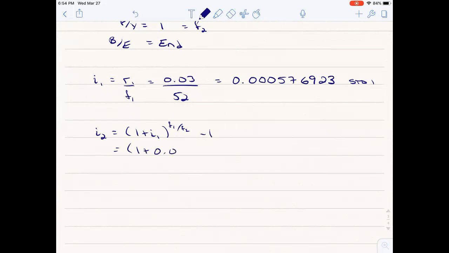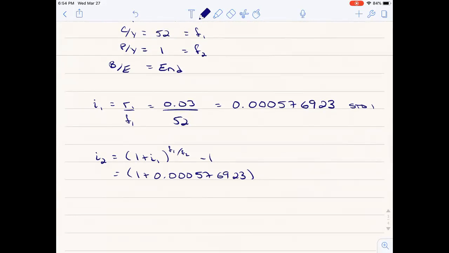One plus 0.000576923 to the power of 52 divided by 1 minus 1, plus 1, oops, to the power of 52 over 1 minus 1, 0.030445562. Now I'll store that in 1 instead.